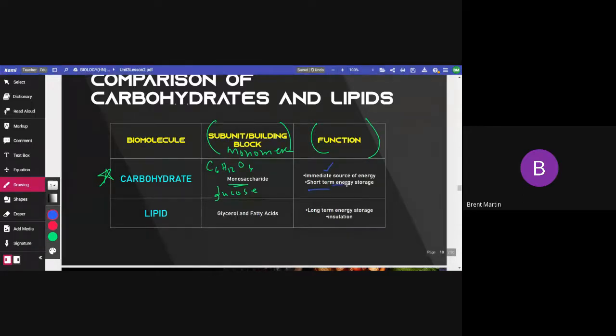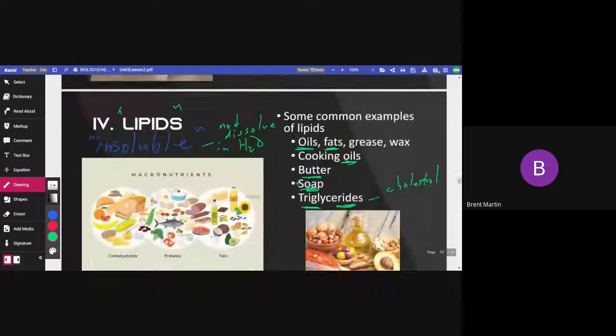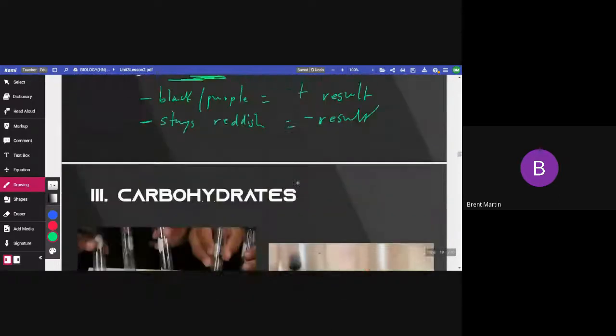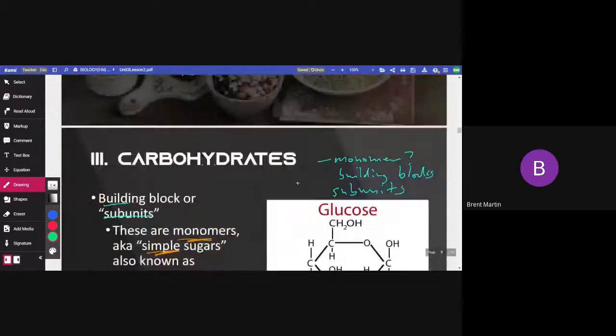And it's short-term energy storage. Which one is long-term energy storage? That would be your lipids. It can also be used for insulation because it's in the form of fat cells. And remember, the building block is the glycerol backbone. And how many fatty acid chains? There's 3. Does that make sense to y'all? All right, you need to know what these things are built of and what they're made of, what the building block is, and how they come together.